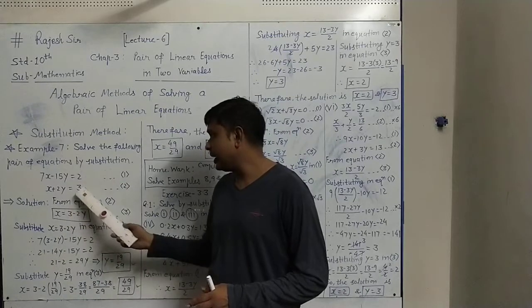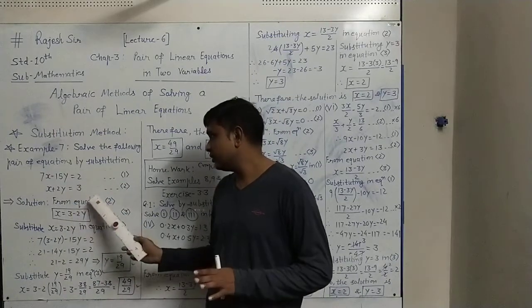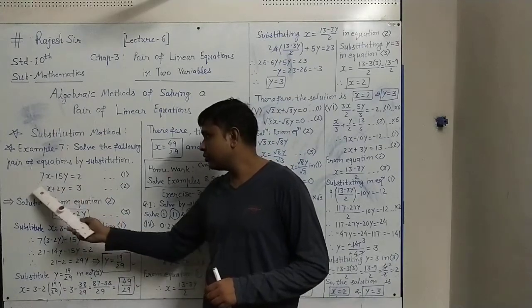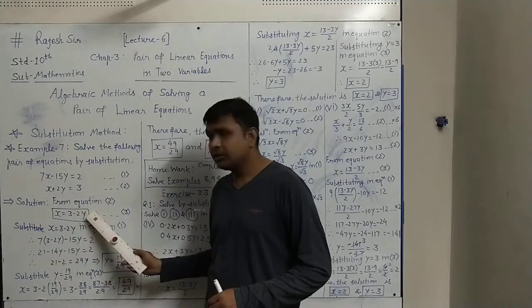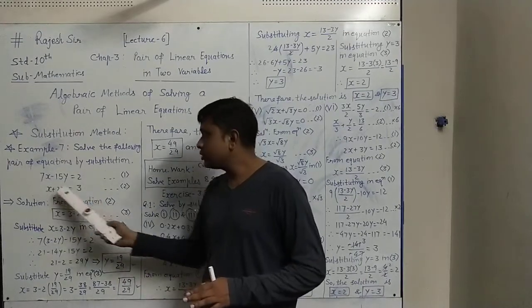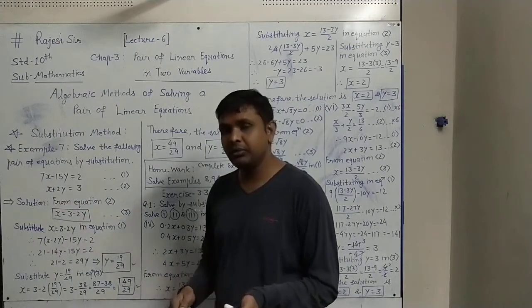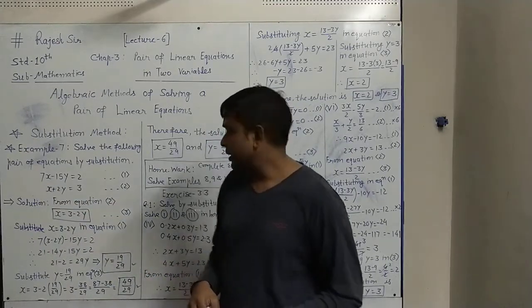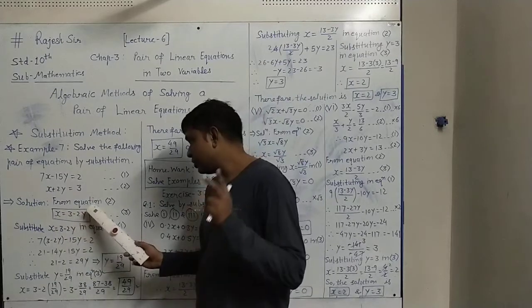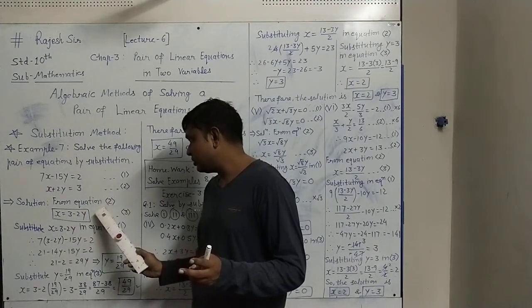You can select equation number 1 also, and in that you can find what x equals or what y equals. Here I have selected equation number 2, so I have written it here.